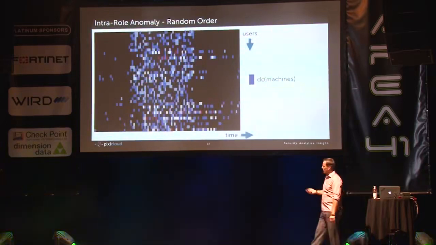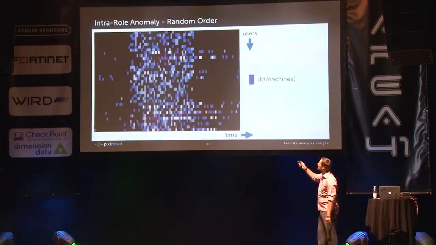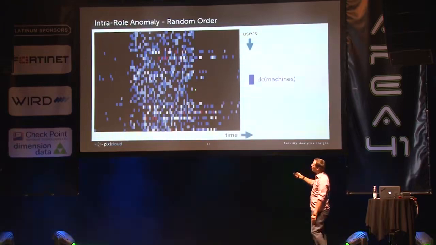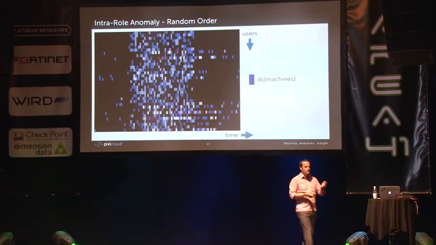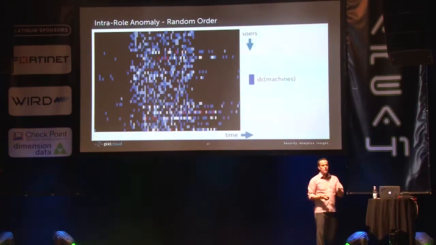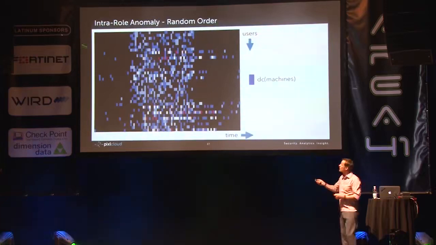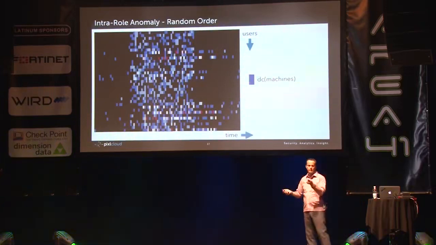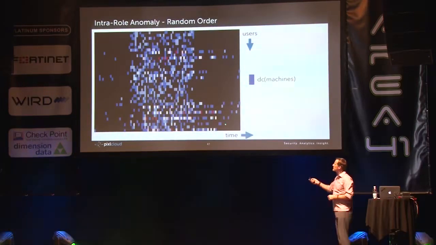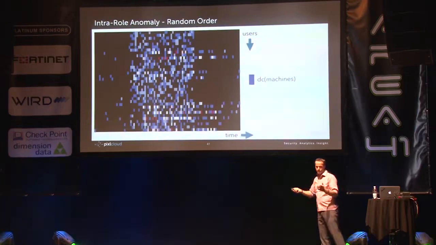Here's another example. What I'm doing here is I have my users this time, again over time, and now one of these individual blocks shows me how many different machines someone logged into. So for example, here the red ones, this one guy logged into a whole bunch of machines, let's say 10 in that time frame. If it's a darker value, it might only be 1 or 2 machines.